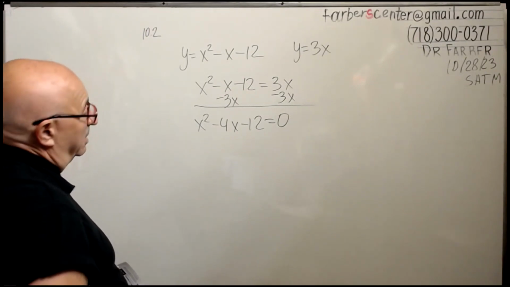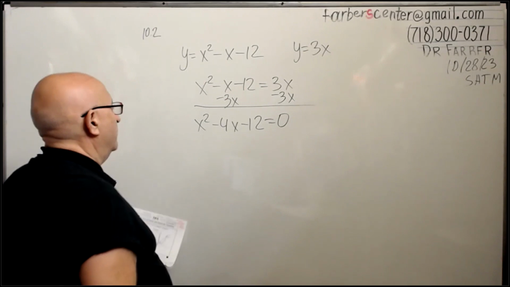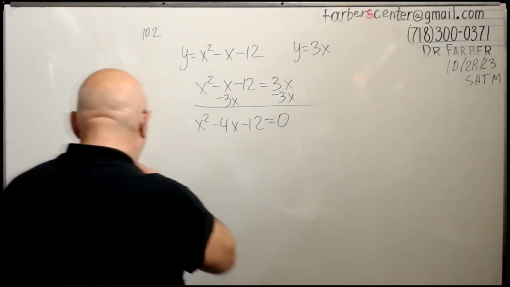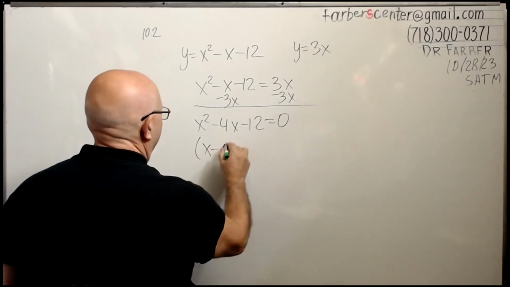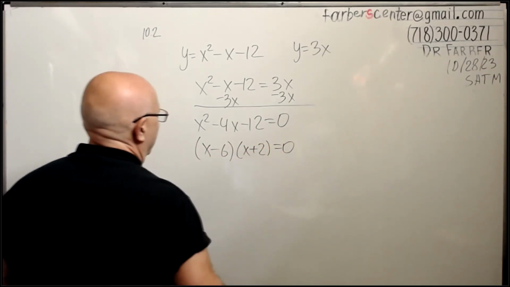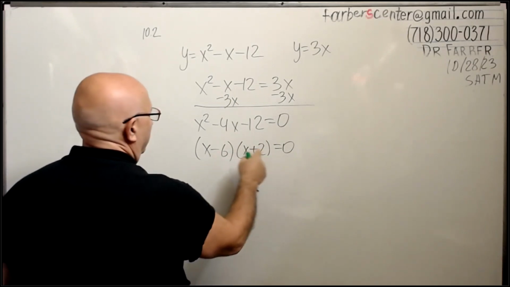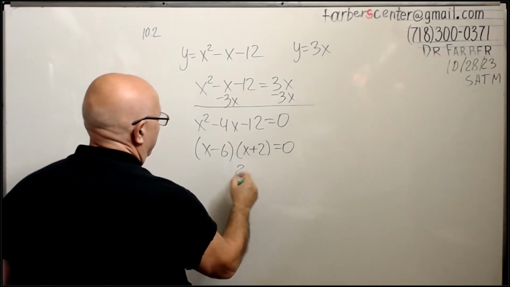So just factorize, you can do like we did today. If this is 12, this is 4, you can use 6 and 2, right? (x minus 6)(x plus 2) equals 0. So x equals 6 and negative 2, 2 solutions.